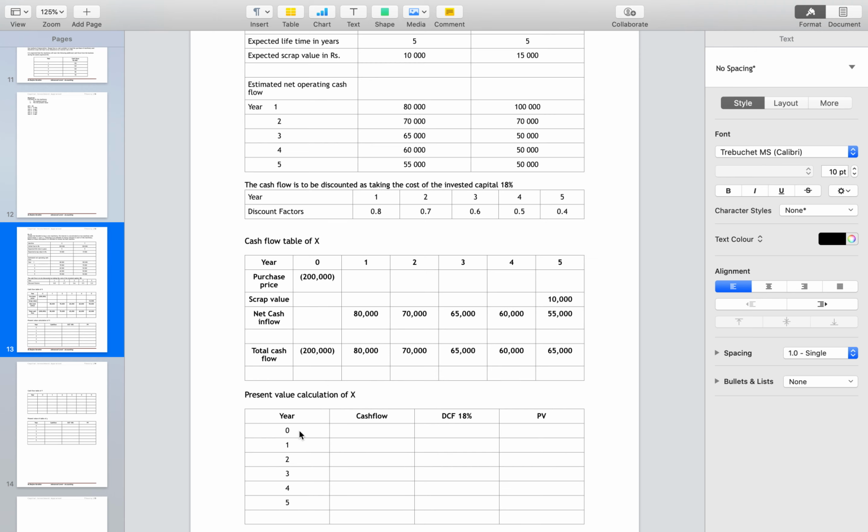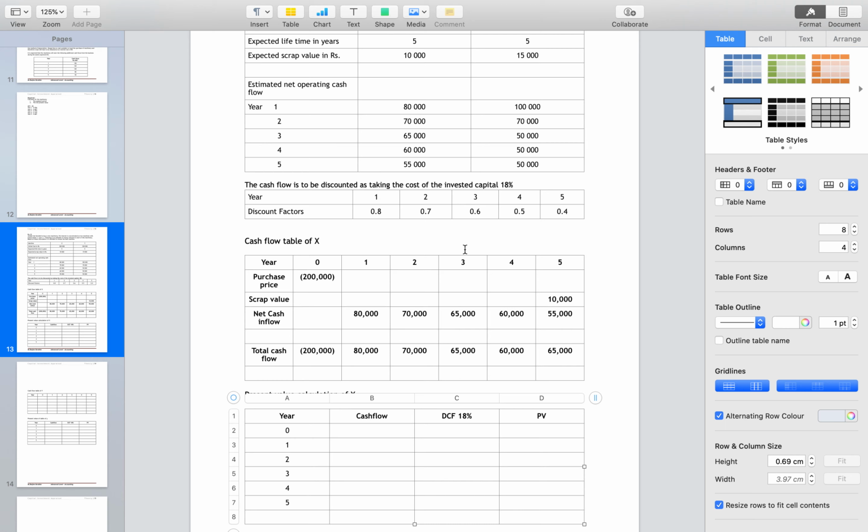Again the question is going for 5 years, so I set up the table. Cash flow, what are you going to mark here? In your cash flow table, all these last answers, or total cash flow, should now be copied to this table. So I'll copy all these to this table.